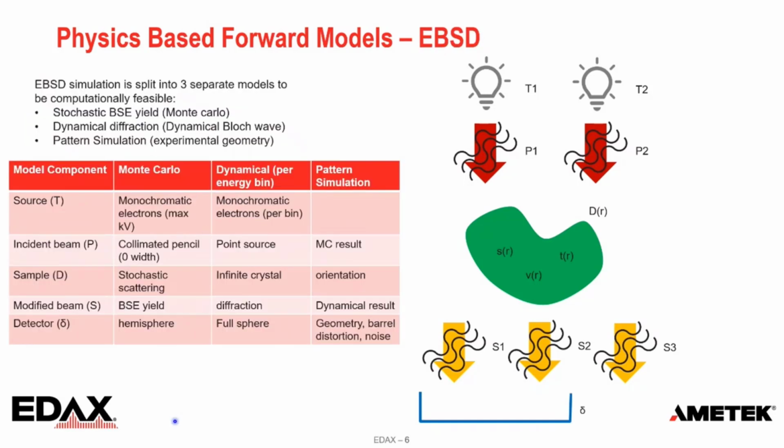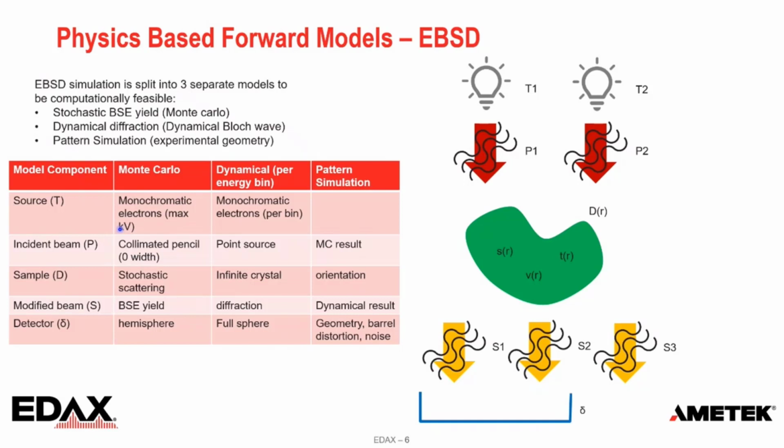So in EBSD, it parallels this exactly. The EBSD forward model is actually split into two pieces, one for the backscatter yield and one for the diffraction. And then those are combined with this pattern simulation column. So the backscatter simulation is a Monte Carlo simulation.